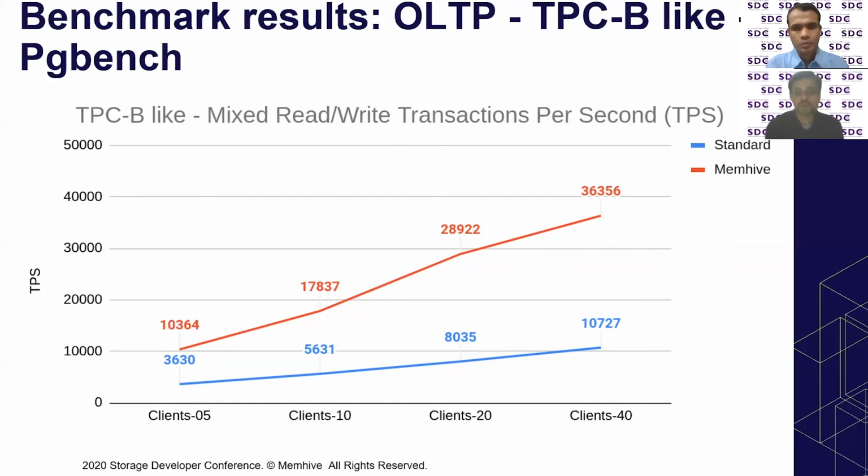Again, we have varied the number of clients to see how the scaling happens with respect to MemHive, which has placed its WAL on the memory in FSDAX mode. We can clearly see that with 40 clients, MemHive is able to achieve up to 3.5x of the regular standard Postgres v12.